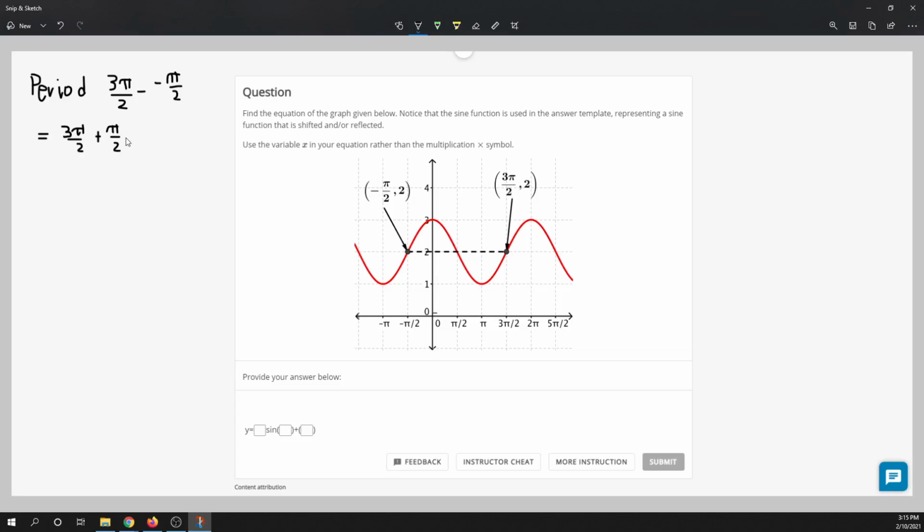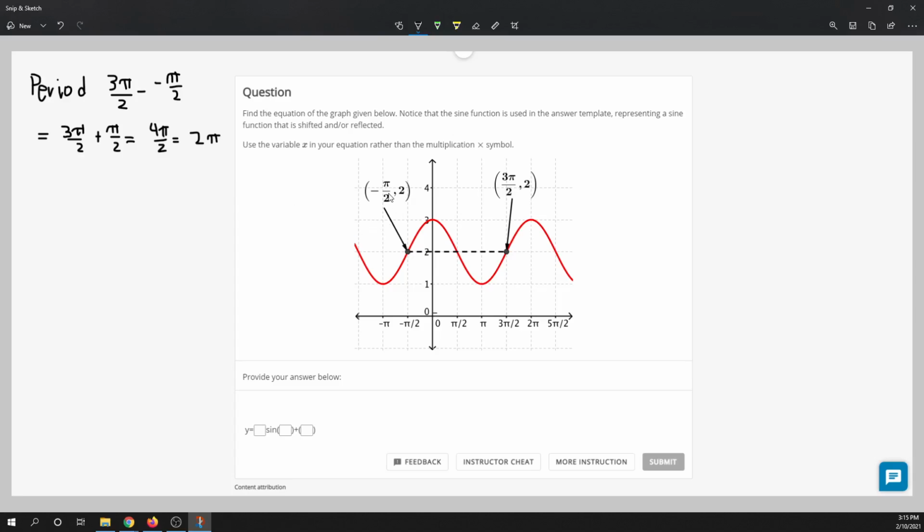So I need to add these two fractions. These fractions have a common denominator, so I can just add the numerators. 3 pi's plus one more pi gives me 4 pi's, and that gives me 2 pi when I reduce that down. So that is the period.